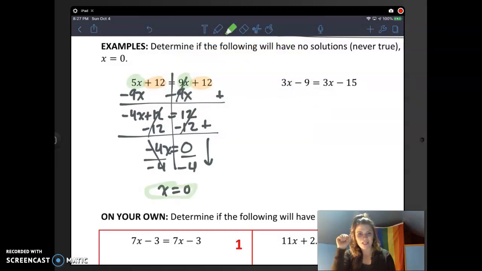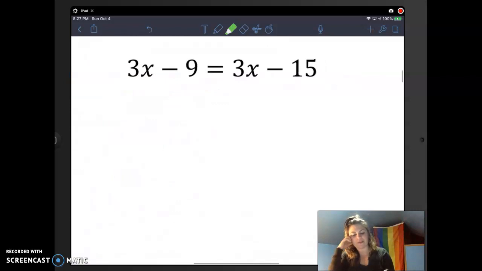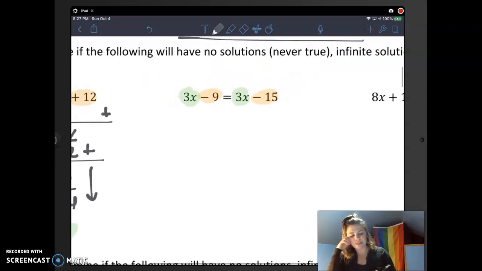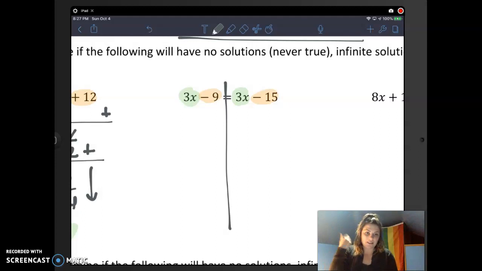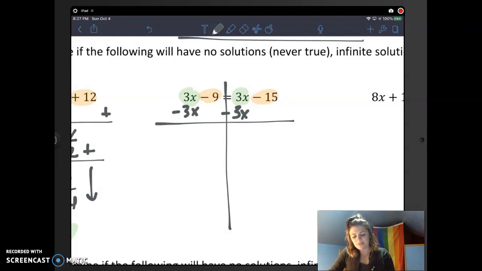Let's look at the next one. All right, what do we notice about this question? Well, you'll notice that both groups of x's are the same, but the groups of ones are different. What does that mean? Well, we're going to start solving like we just didn't realize it. See what happens. So first you cancel your x's on the right, on the right. Uh-oh, what ends up happening is we cancel both x's on both sides, even though we didn't try to.